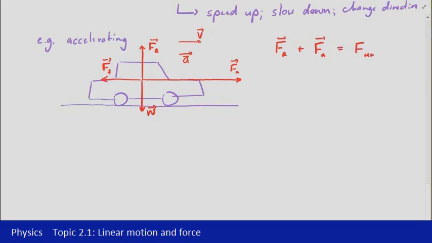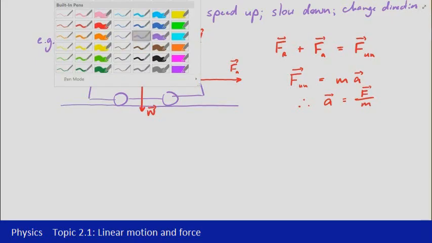So let's call that Fun for unbalanced. And using Newton's second law, we know that that unbalanced force is equal to the mass of the car multiplied by its acceleration. So in this case, we can then figure out what the acceleration of the car would be if we know the size of the force and divided that by the mass. So that would be an example of speeding up.